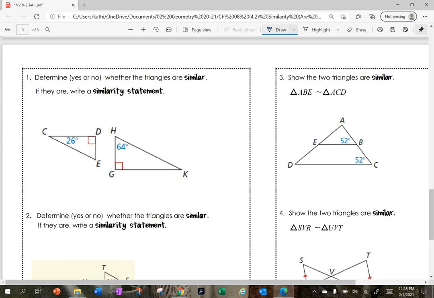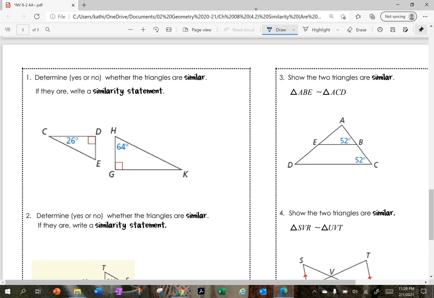So I'm looking at my two triangles here, and I see that angle D and angle G are congruent. They're both right angles, they're both 90 degrees. So I have one set of corresponding angles congruent.